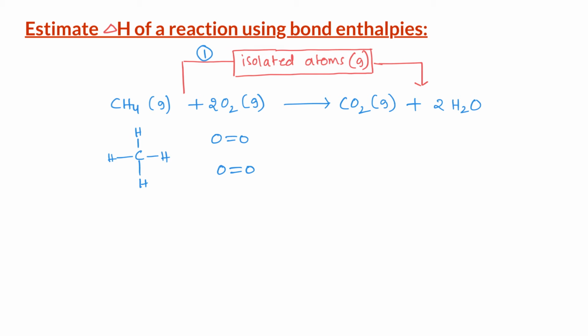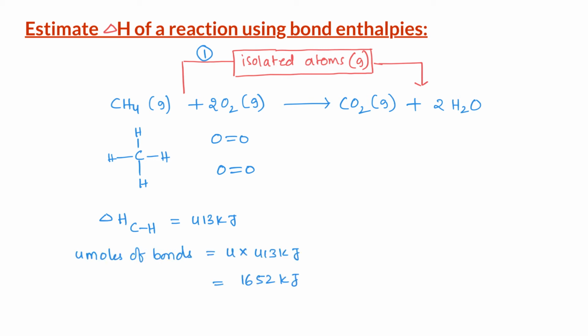If we look at the bond enthalpies, on an average, it costs 413 kilojoules to break 1 mole of carbon-hydrogen single bonds. And we have 4 moles of carbon-hydrogen single bonds in this molecule. So, it should cost me 4 times 413 kilojoules, which is 1652 kilojoules.